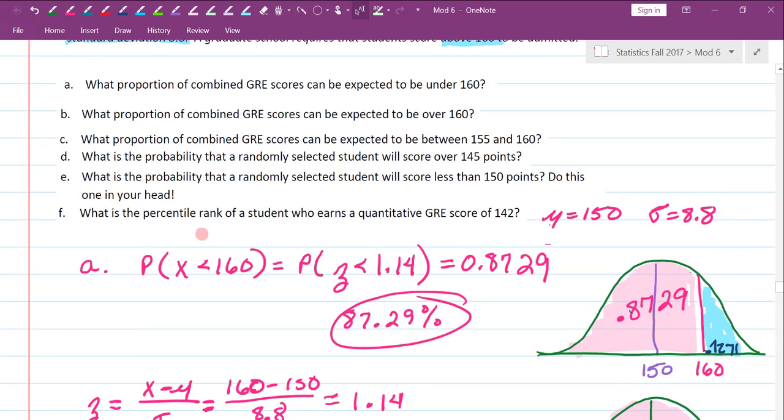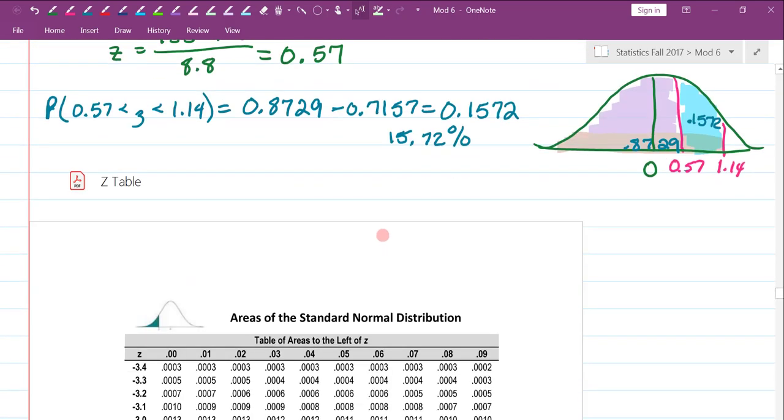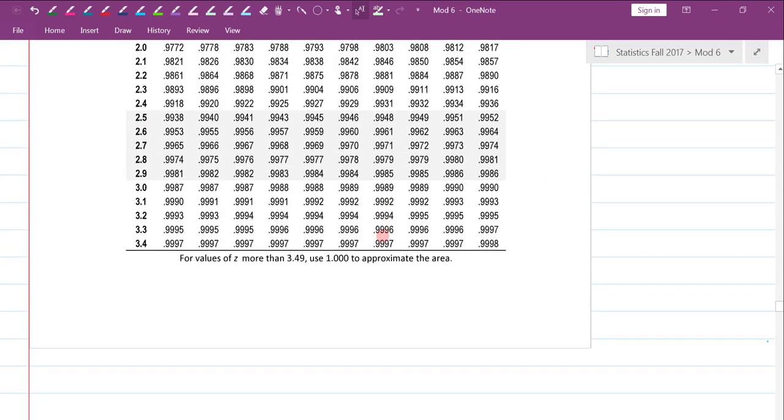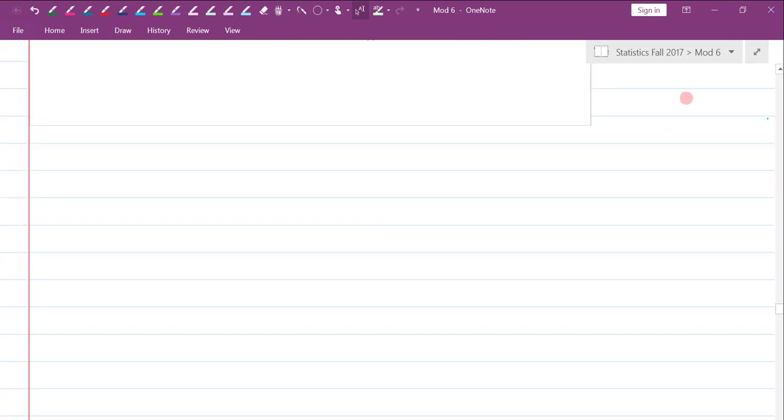Now let's look at part D. What is the probability that a randomly selected student will score over 145 points? So part D says, what is the probability that a randomly selected student will score over 145 points? So we're going to scroll down below our tables. So we have some more blank notebook paper.